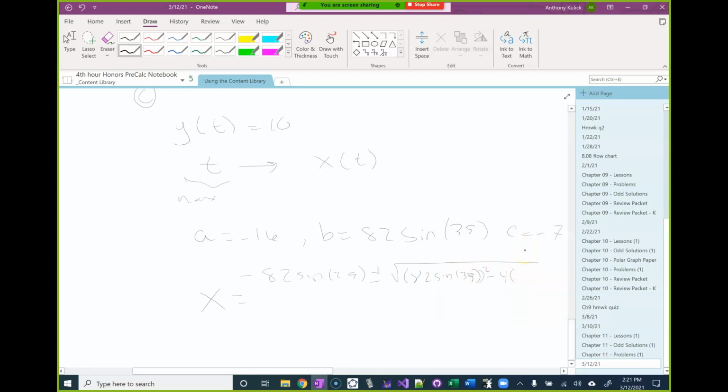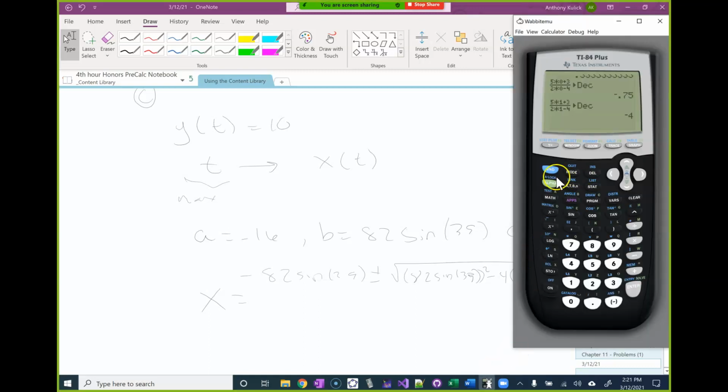Well, I would do this all in my calculator in one line. And depending on how calculator literate you are, you can do this by storing the values into variables so it doesn't look so terrible. Yeah, you want to see how to do that? Okay. A is -16, right?